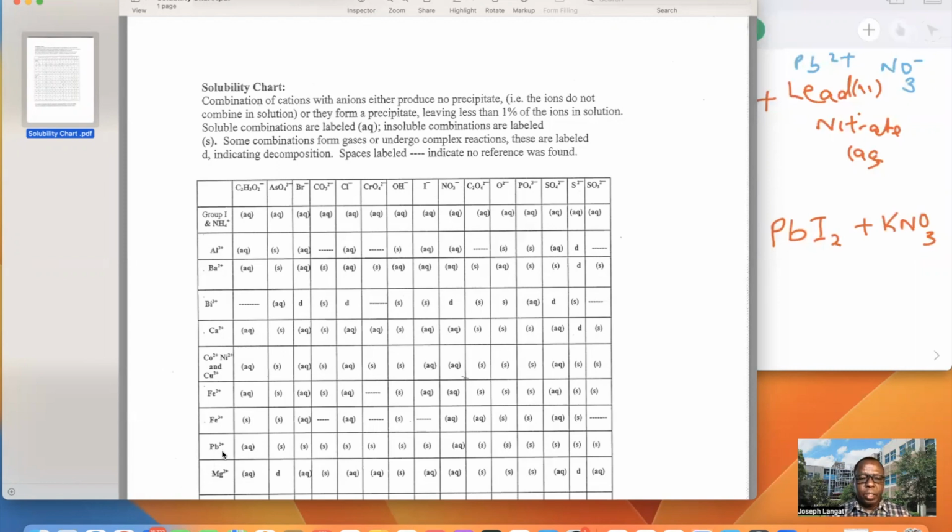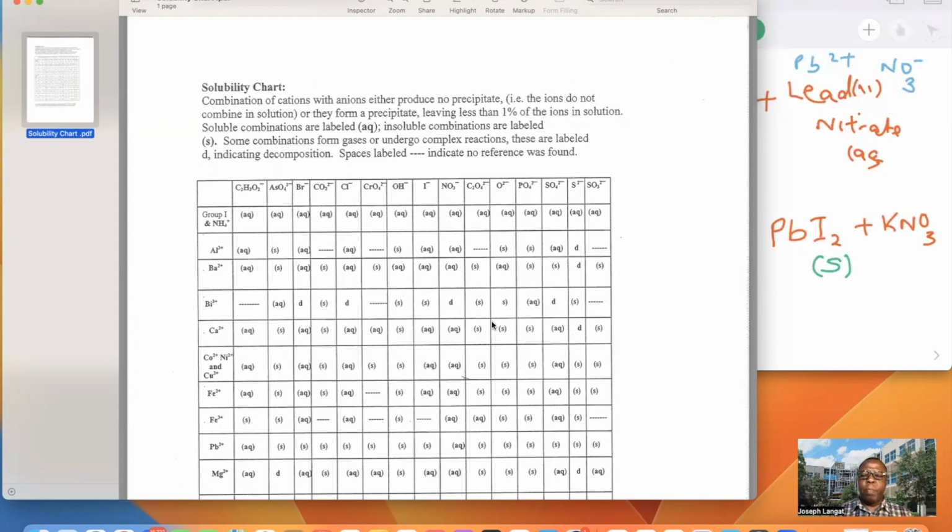So in our case, we look at where the lead(II) ion is, and then go across to iodide. Lead(II) iodide is a solid. That is why we say it is solid.